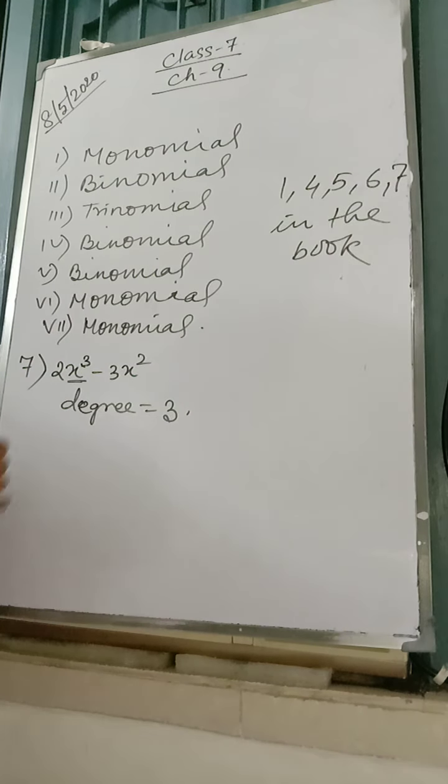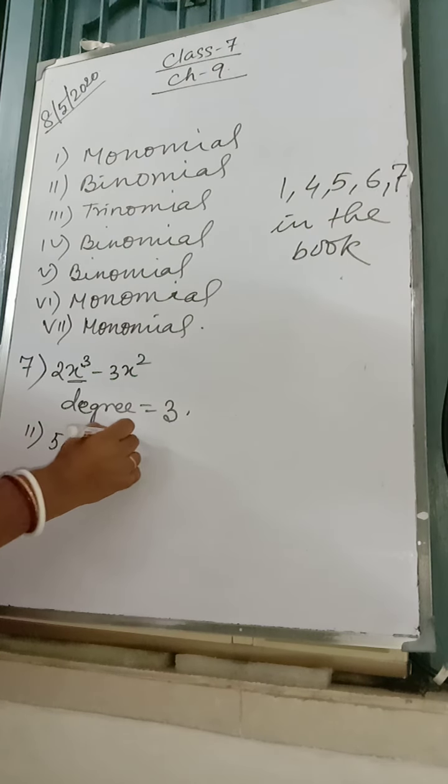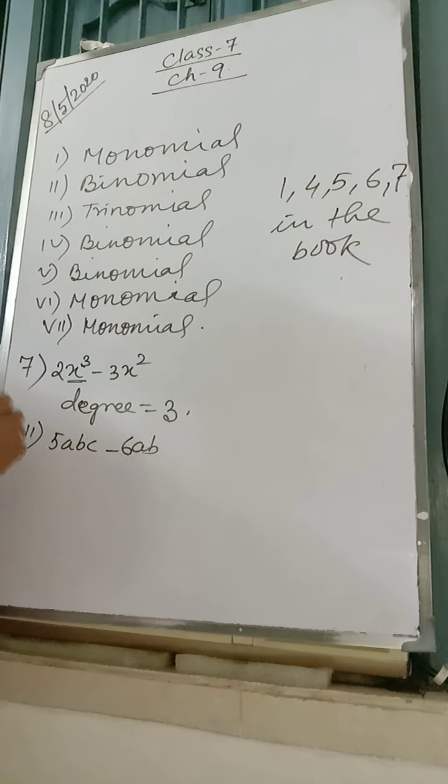Now you can see number 2, you will say, ma'am, there is nothing, power is not there. abc, 6ab. Now it also has power here. How many a do we have? 1. How many b? 1. How many c? 1. So in total it gives you 3 degrees. So the degree will be 3. Here only 2. So the greater degree is 3. So this one's degree is also 3.